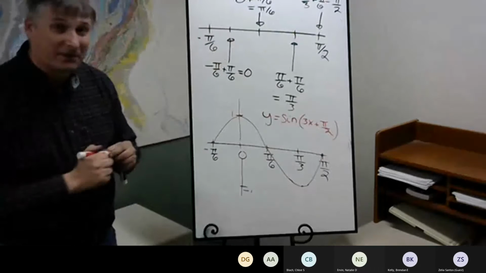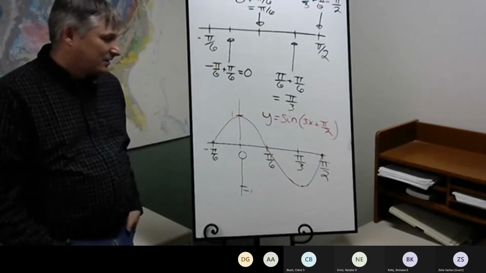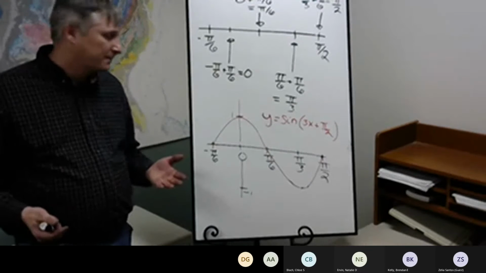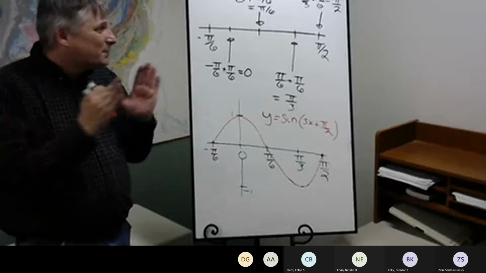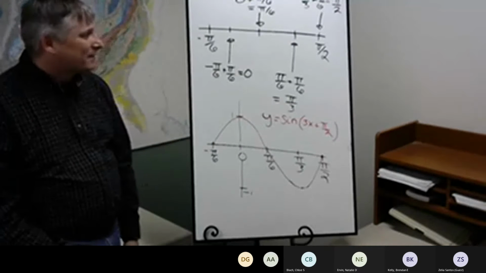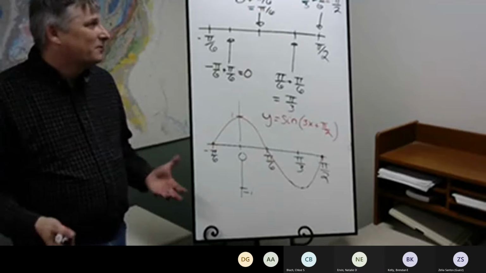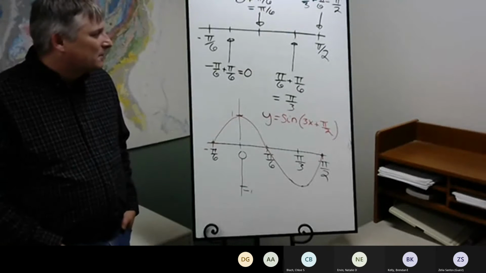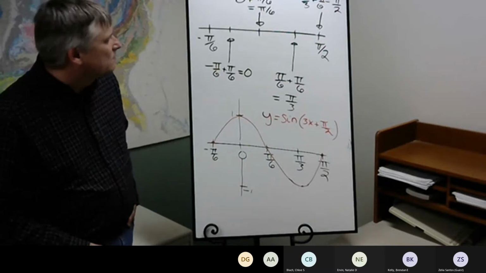So there you go. What this does is take that canonical form of sine and shrink it down. The period, again, is 2 pi over 3. So it's going to shrink this down. And the result is that, let me see, period.